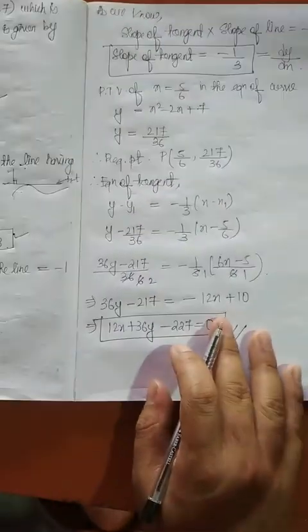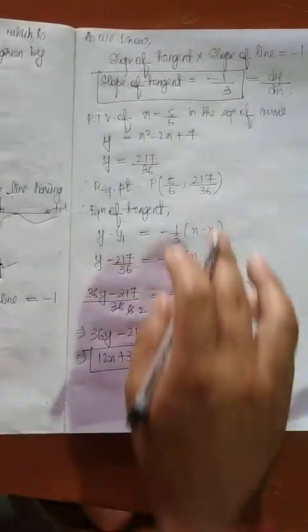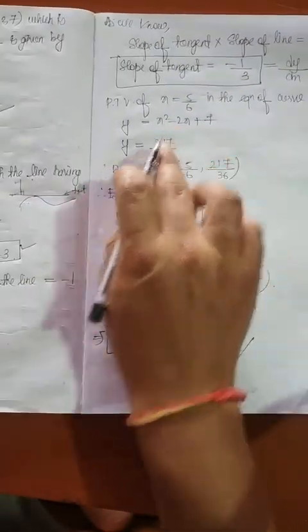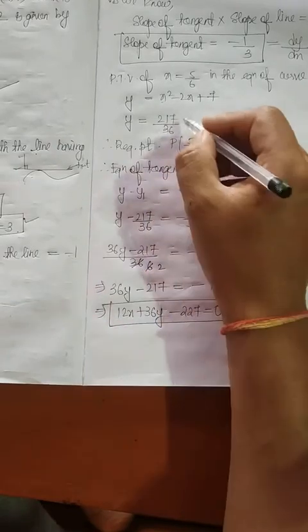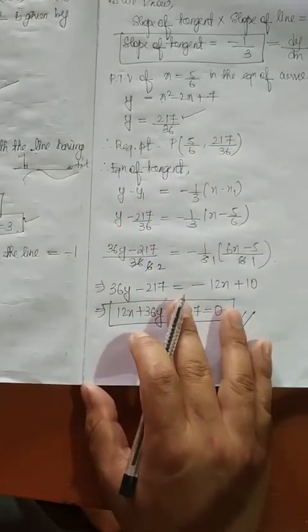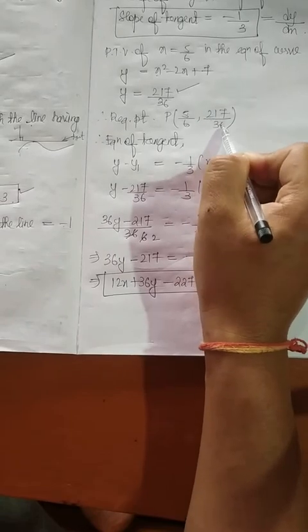Now with x equal to 5 by 6, I'll put this value in the curve again. Once you put x as 5 by 6 and simplify, you'll get the value for y, which gives another point. So the required point is 5 by 6, 217 by 36.